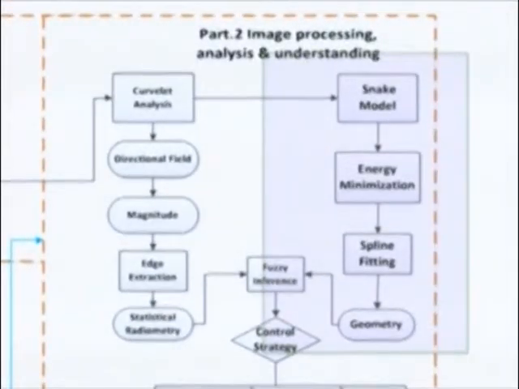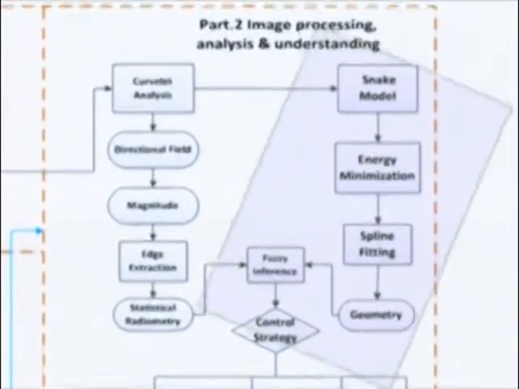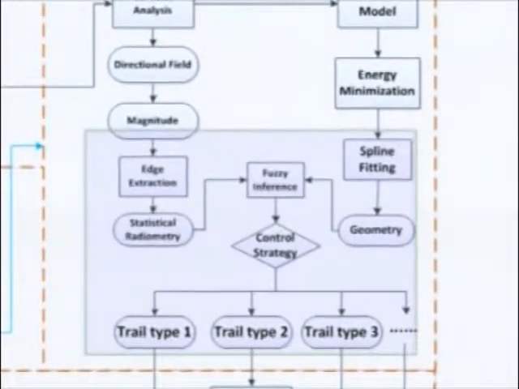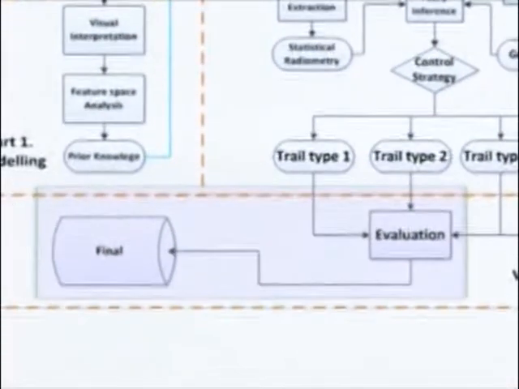For the edges that cannot be detected directly with the curvelet approach, I use the snake, and finally fit a spline to get the trails. A fuzzy logic inference system was used to categorize those trails into wildlife trails, off-road trails, or regular trails. Finally, the evaluation was conducted to get the final result.